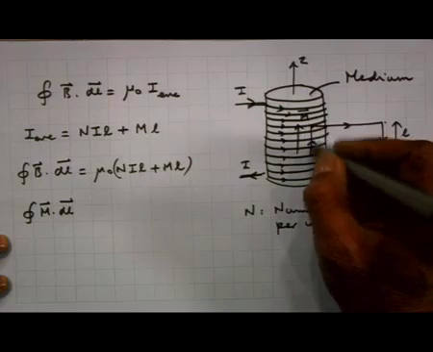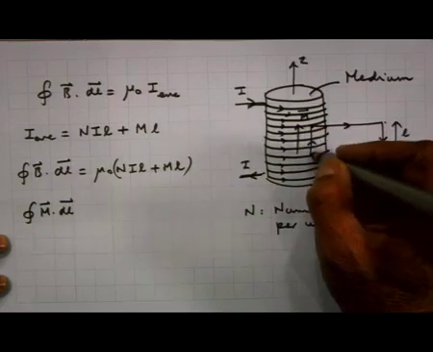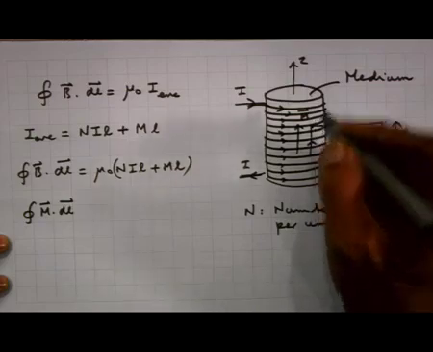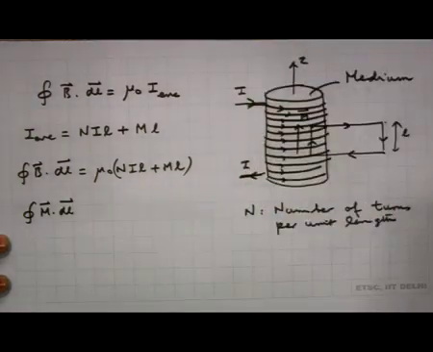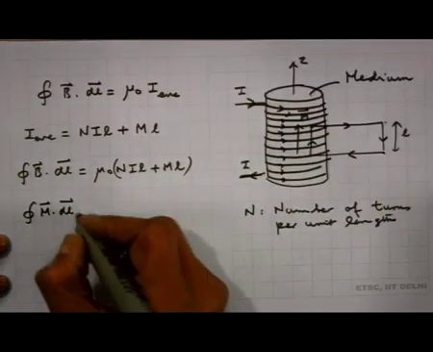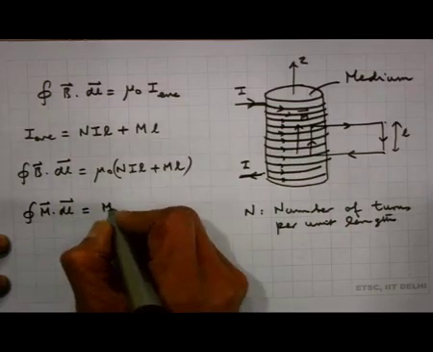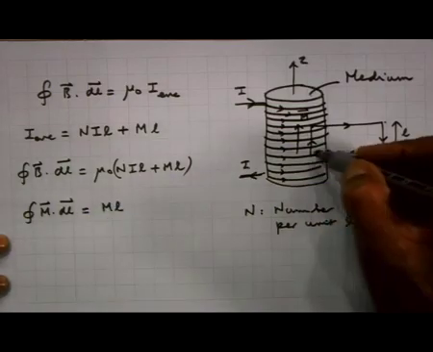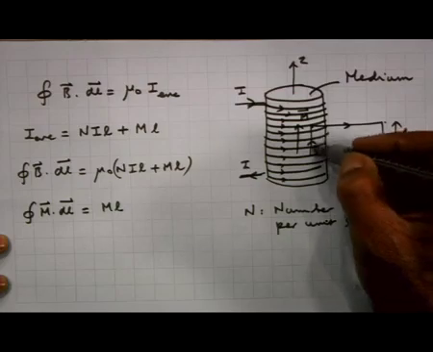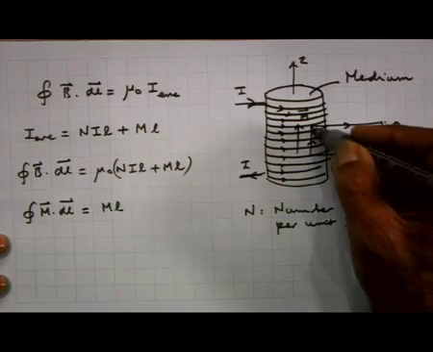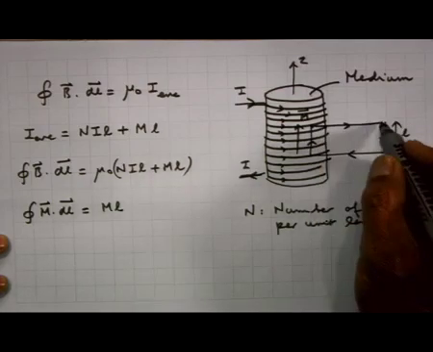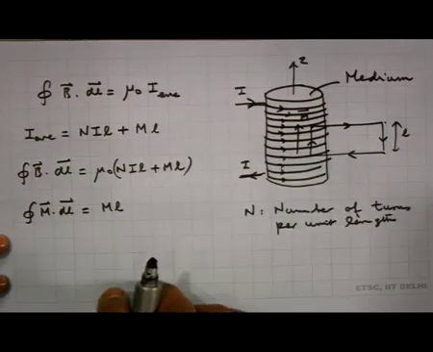Along this length, magnetization will be independent of position because of the symmetry of the problem. So, this will be simply equal to M times L, where M is the value of magnetization at this point times the length, because there is no contribution to the integral from the remaining three parts of the closed circuit.